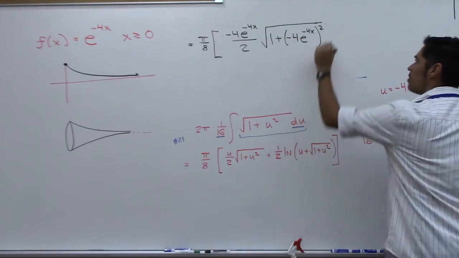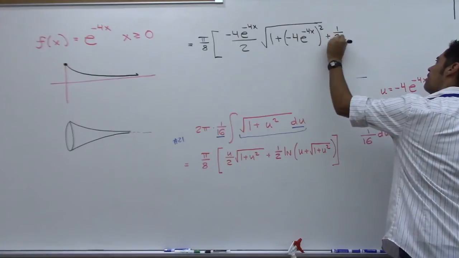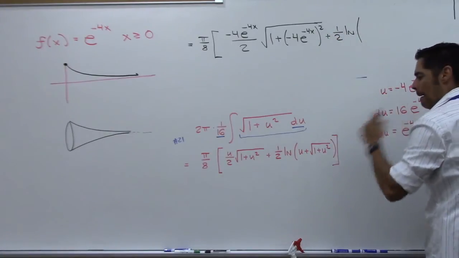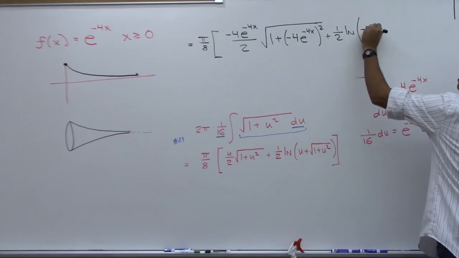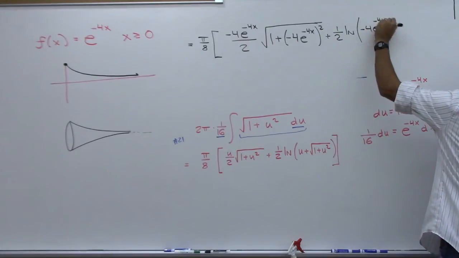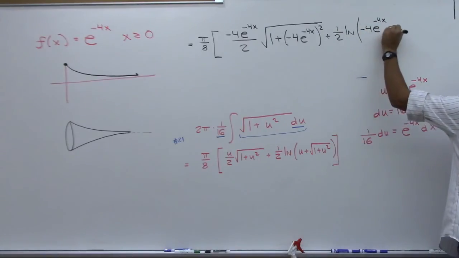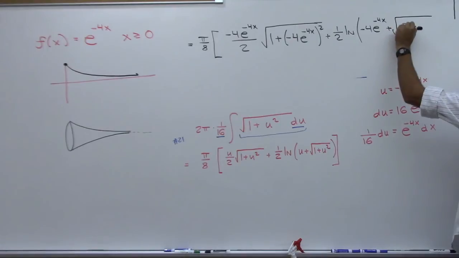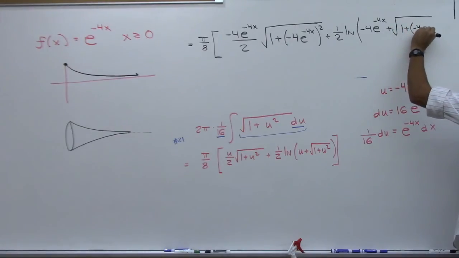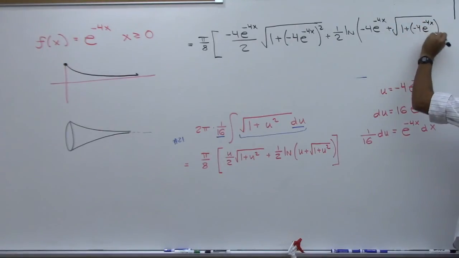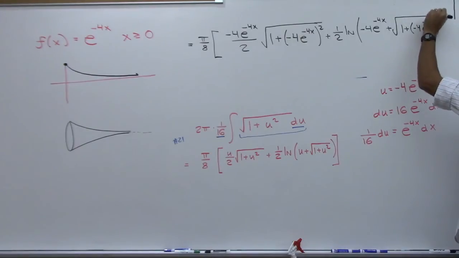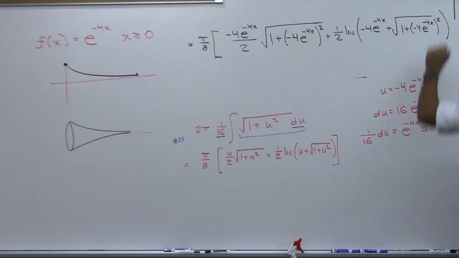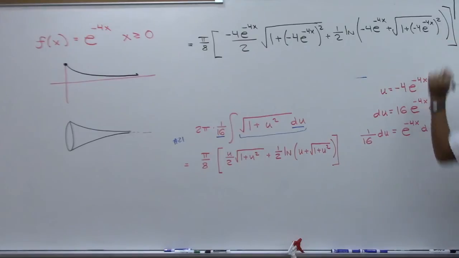And then plus 1/2 natural log of u, which was negative 4e to the negative 4x, plus the square root of 1 plus negative 4e to the negative 4x squared, and that's that. And then I close my brackets.